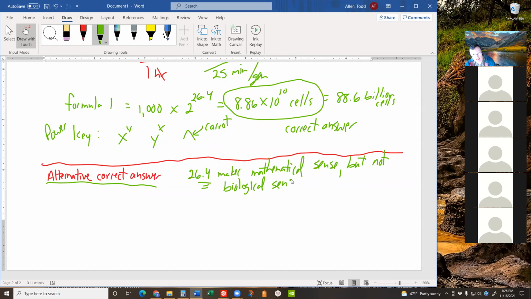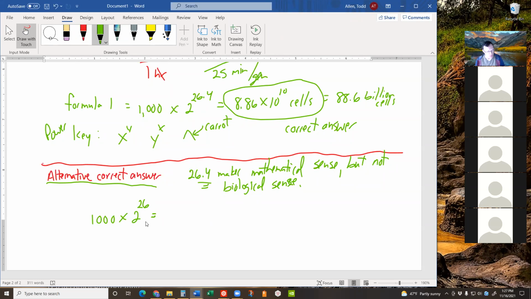So what I would do here is do the following. I would do the calculation where I round the generations down to the whole number, the integer of 26, and do it that way without the 0.4. Because again, cells that only go through 4/10 of a generation are not living cells. They will die. They're not viable.